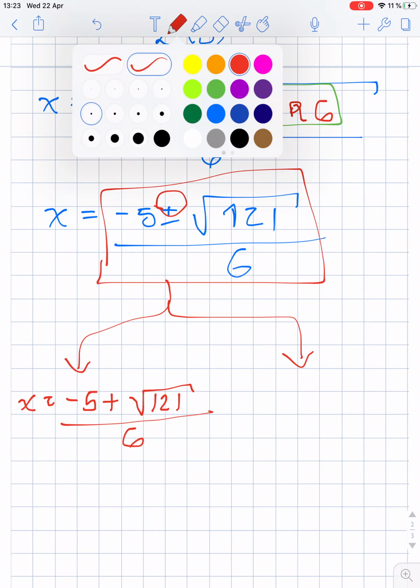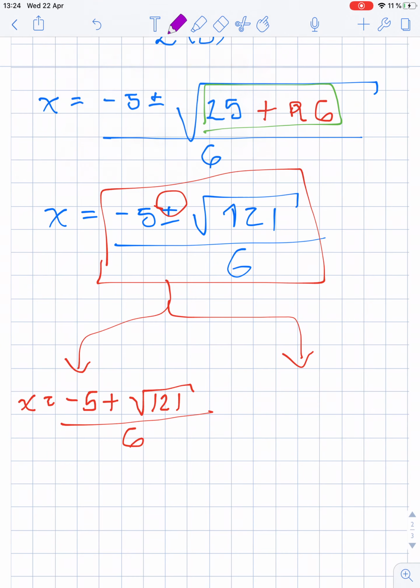And now we will have to do another expression with a minus. That is x equals minus 5 minus the square root of 121 divided by 6, okay? If you see, we're going to get two values for x.